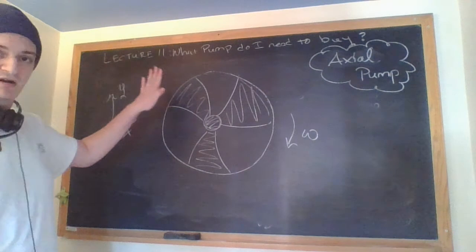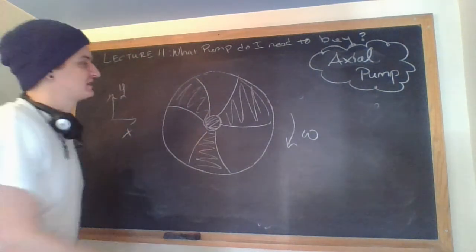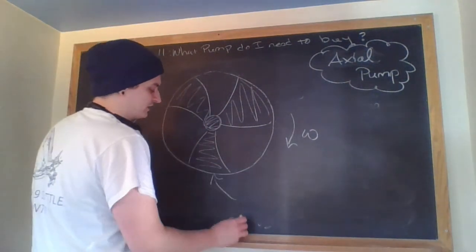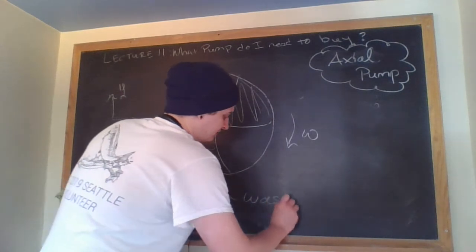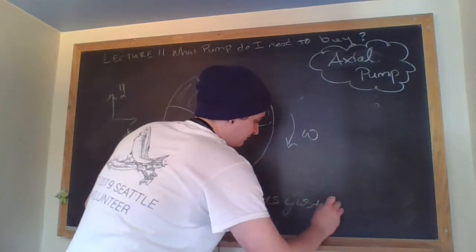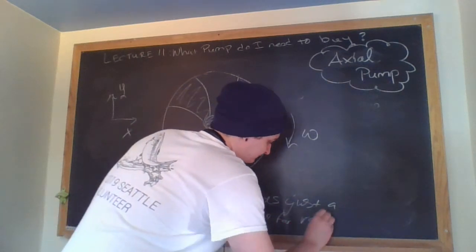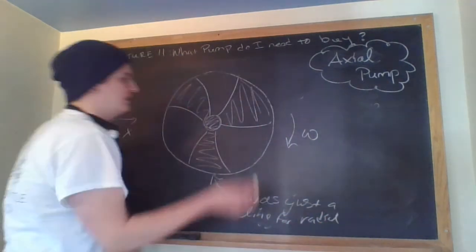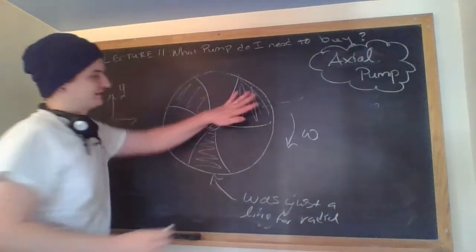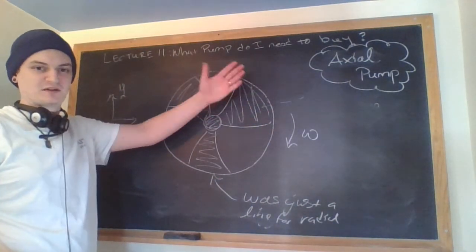But if I look at the front or the back, you'll notice before, the impeller was just a line. But for axial, you'll see that it also has some width to it.